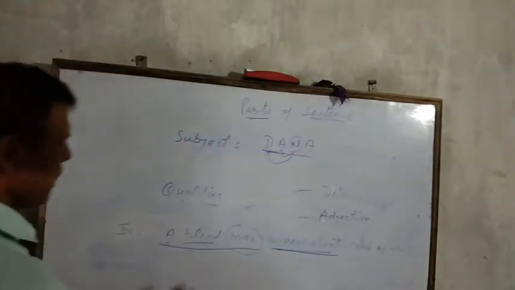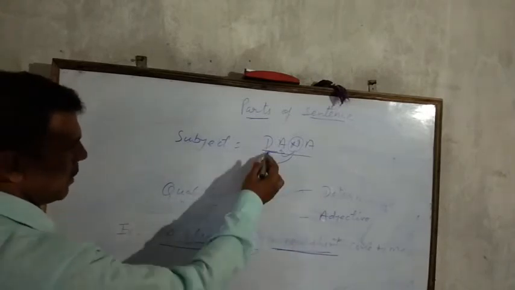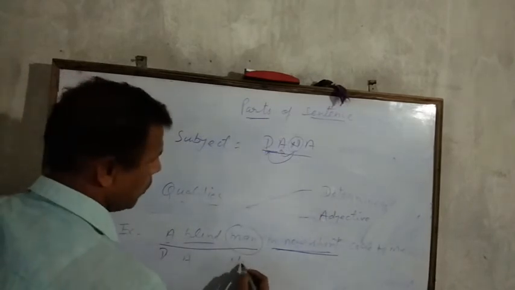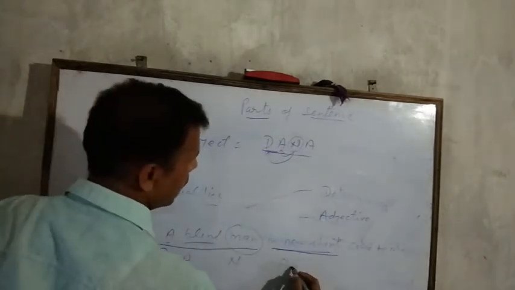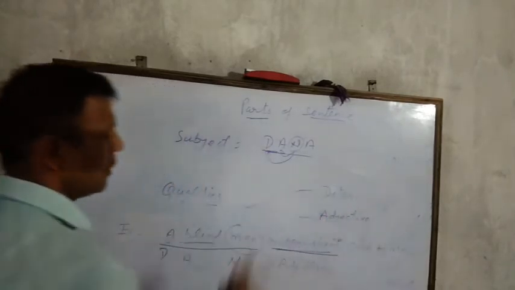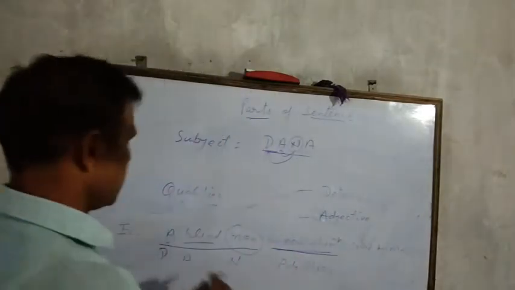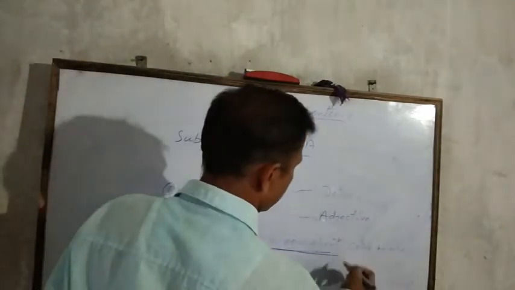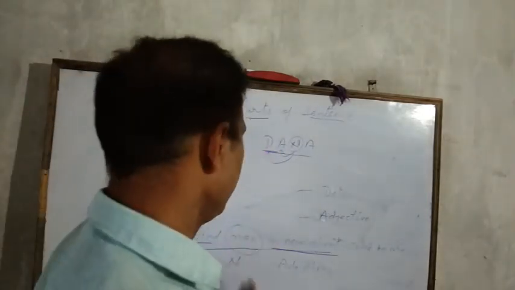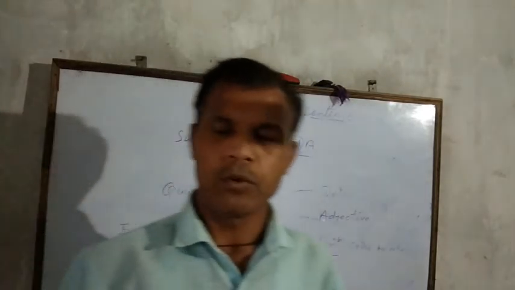So in this way, in a sentence, determiner, adjective, noun and adjectival phrase are used. So students, I hope you have understood, and we will discuss predicate in the next videos. Thank you.